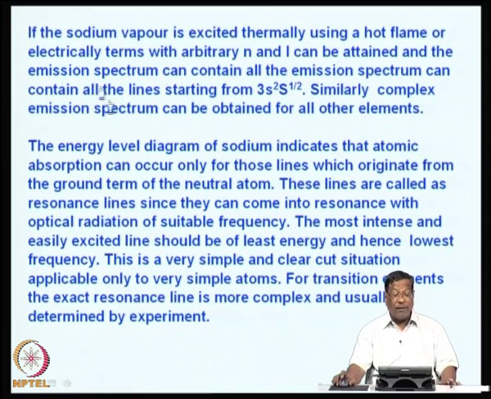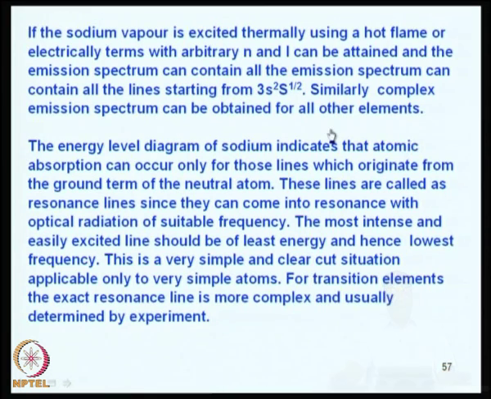So, the energy level diagram of sodium indicates the atomic absorption lines occur only for those lines which originate from the ground state of the neutral atom, because the concentration of the atoms in the excited state is always very small. That we have seen in the previous slides when we calculated the number of atoms in the excited state.